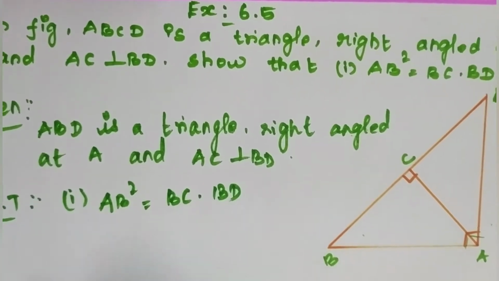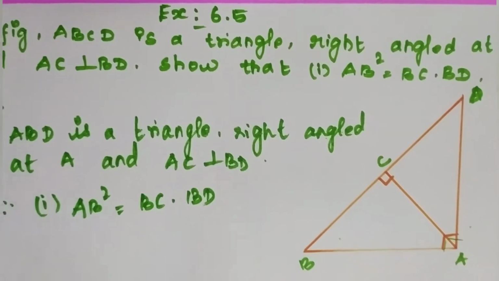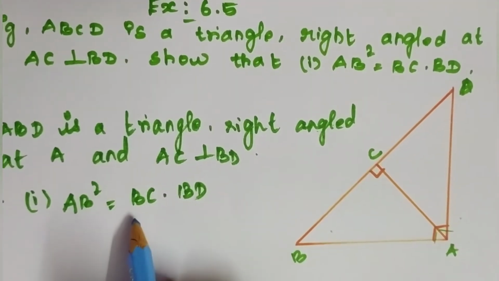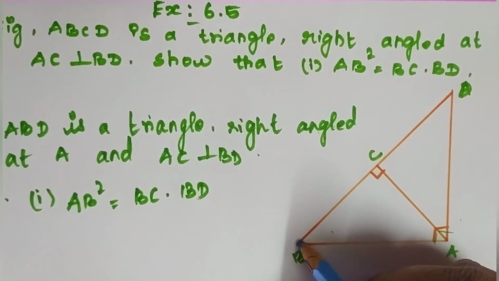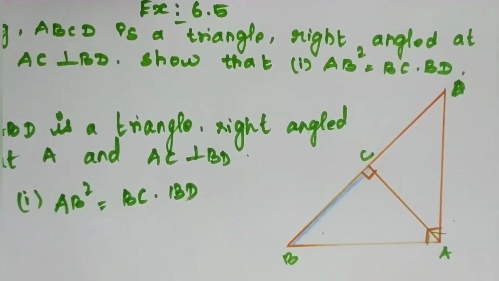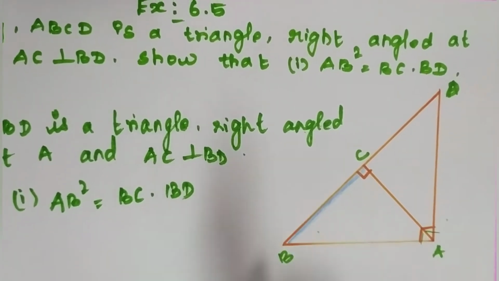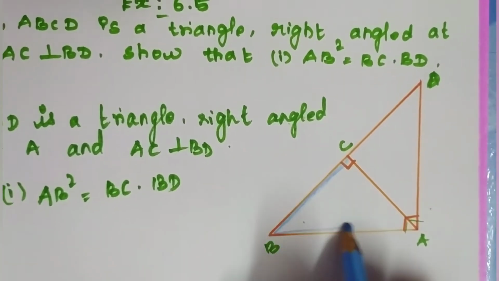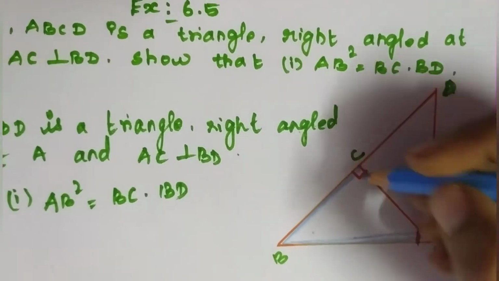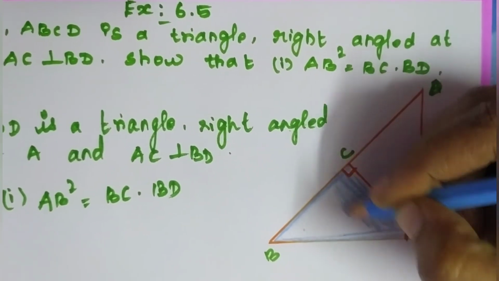So to prove this one, which two triangles do you have to take? That is very, very important. BC, BD. BC, the side is here, and BD, that is the full side. So I'm going to take the triangle ABC first.